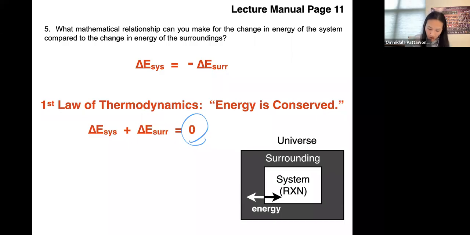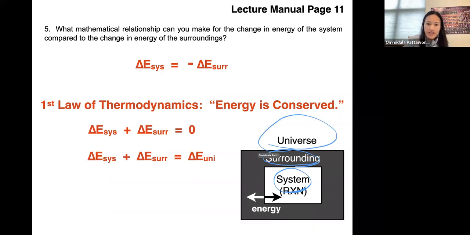Remember, if you add surrounding and system together, what would you get? The universe, right? So what we can conclude is that the change of the energy of the universe will stay constant. That's the take-home message.